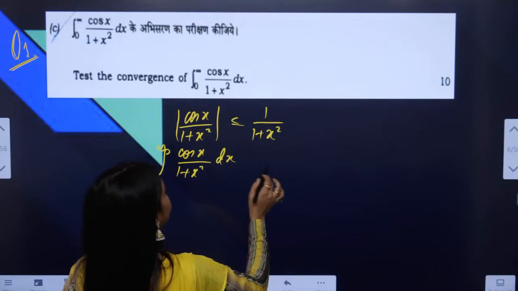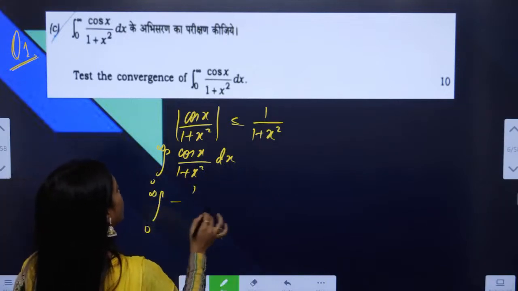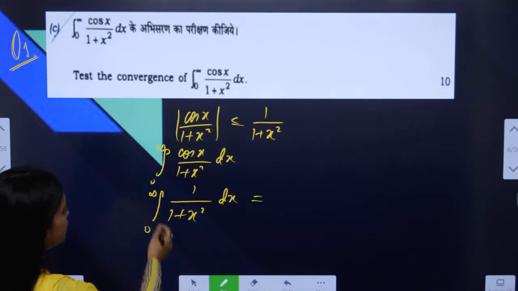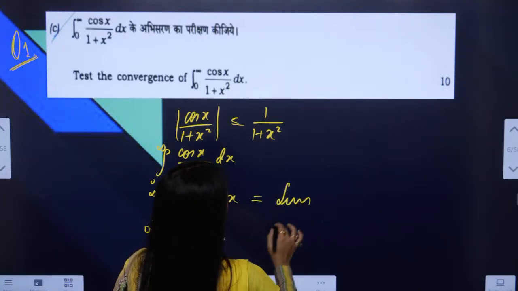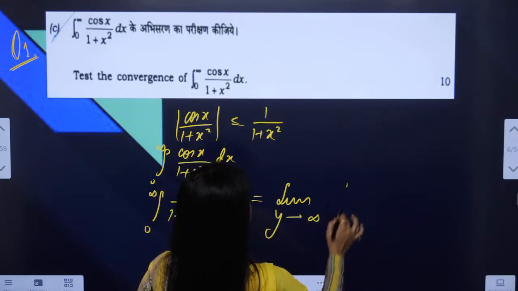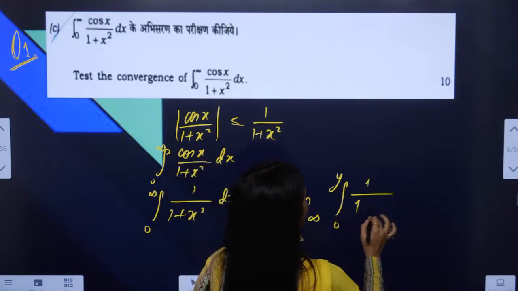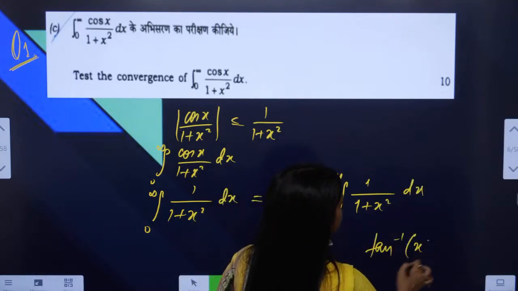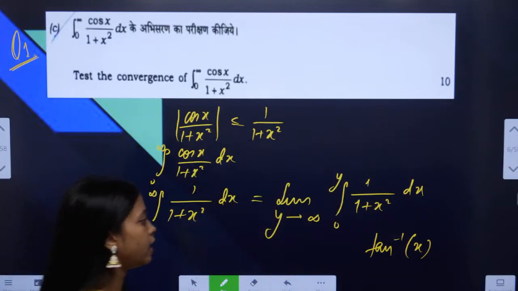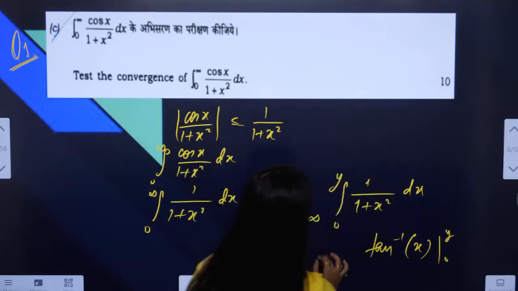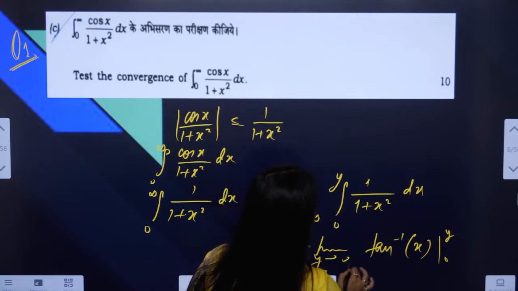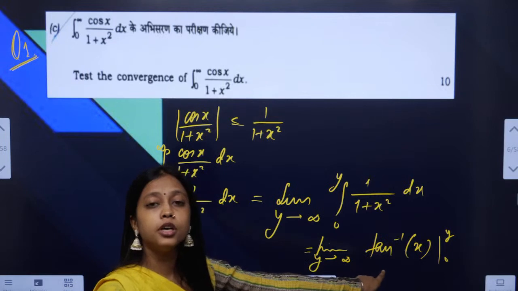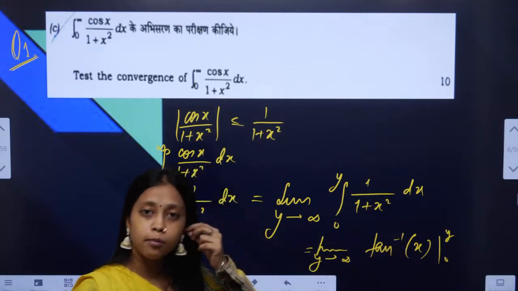You calculate first 0 to infinity 1 upon 1 plus x square dx. What is this? This is limit, let us say y tends to infinity, 0 to y 1 upon 1 plus x square dx. This is nothing but tan inverse of x from 0 to y, and limit y tends to infinity, right? For that y, if you apply the limit, it will be pi by 2.